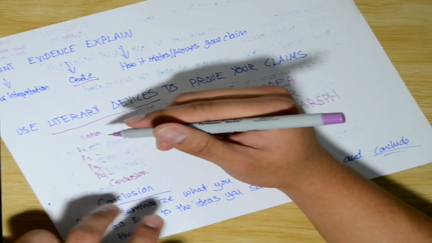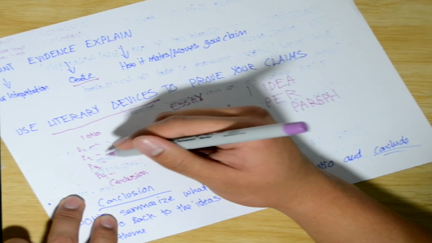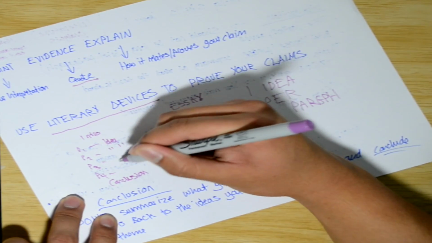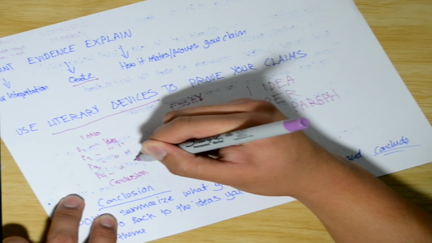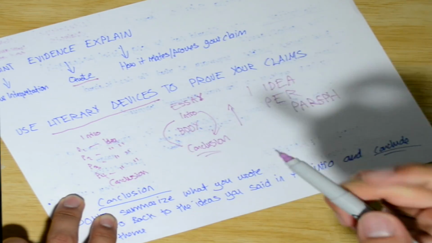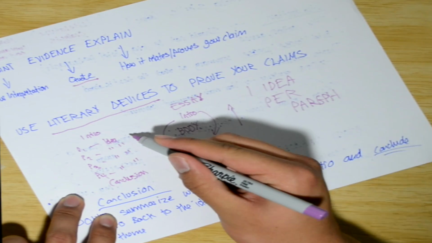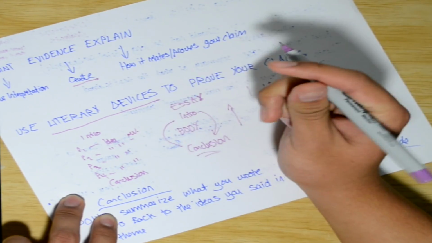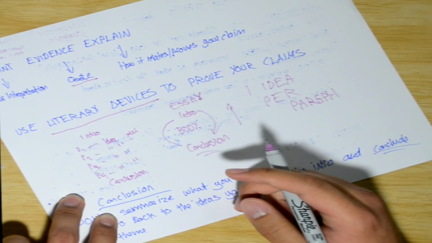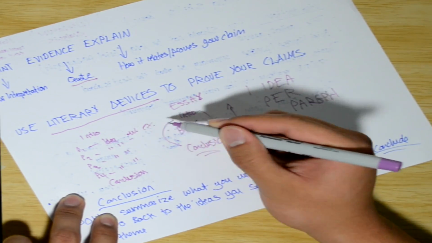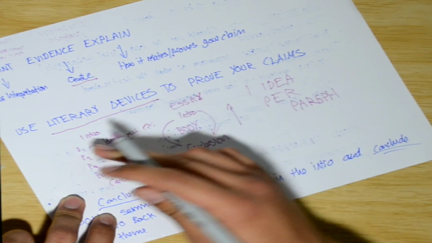Which ideas? I'd suggest you put your ideas per paragraph, and then it's easy. You have 4 ideas, hence 4 paragraphs, and then you determine which evidence you will use to prove this idea, and based on that evidence, you examine it by using literary devices.